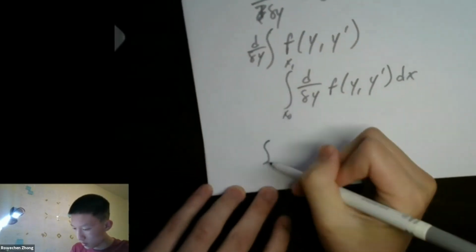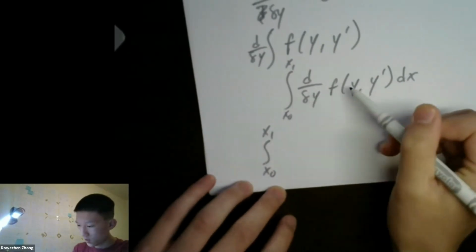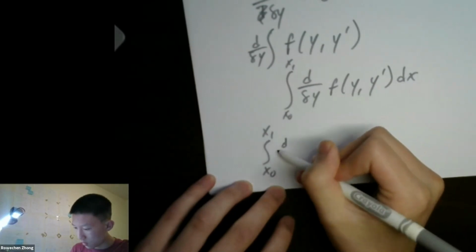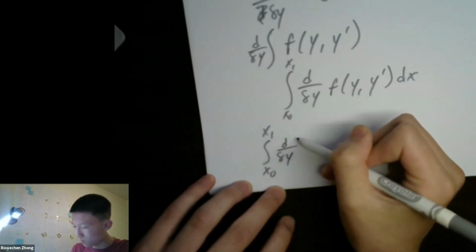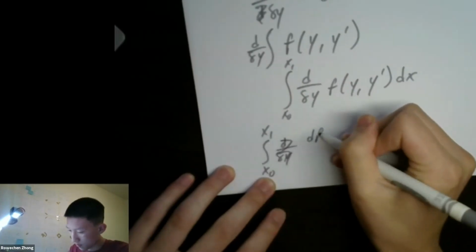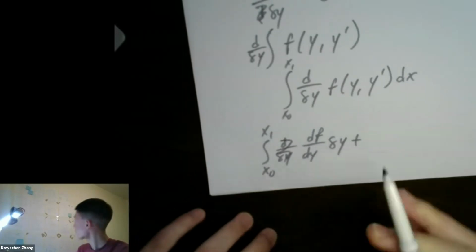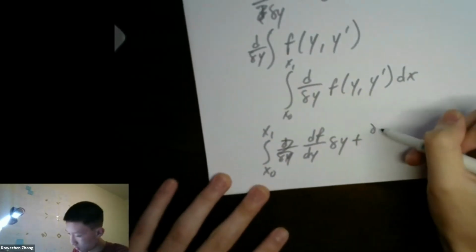We can do x0 to x1 of, got to take the derivative of each part of this. Got to do d over dy of, straight up, df dy of delta y. Plus a little difficult.